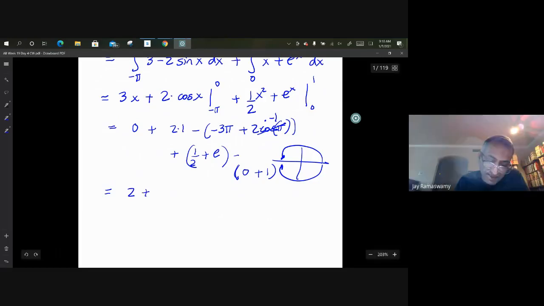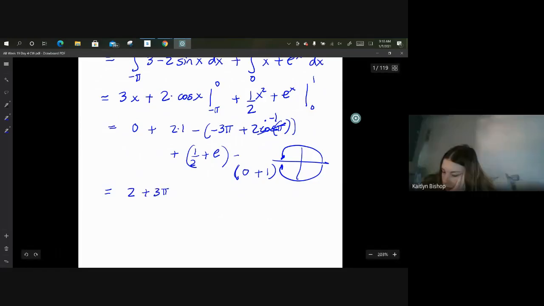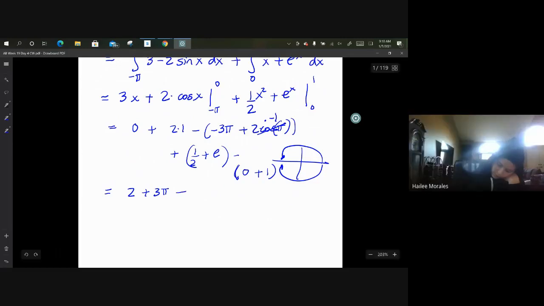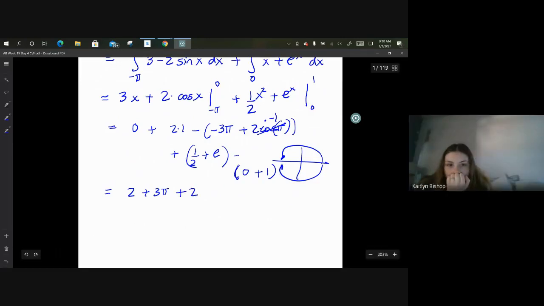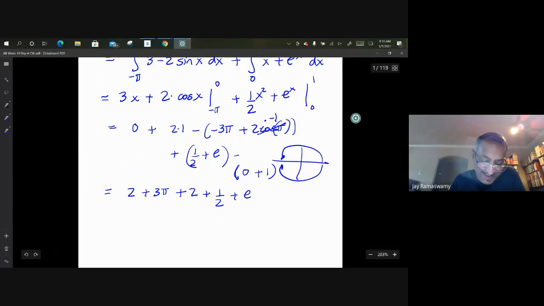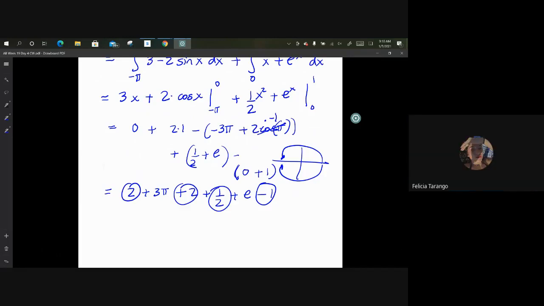Plus 3, plus pi, plus 3 pi, minus plus 2, plus 1, plus 2. Careful. And then plus 1/2 plus e minus 1, minus 1. And you can combine like terms here. Okay, I'm not going to do it, but the rest of them you just copy down. Is that clear? Okay, let's move on.